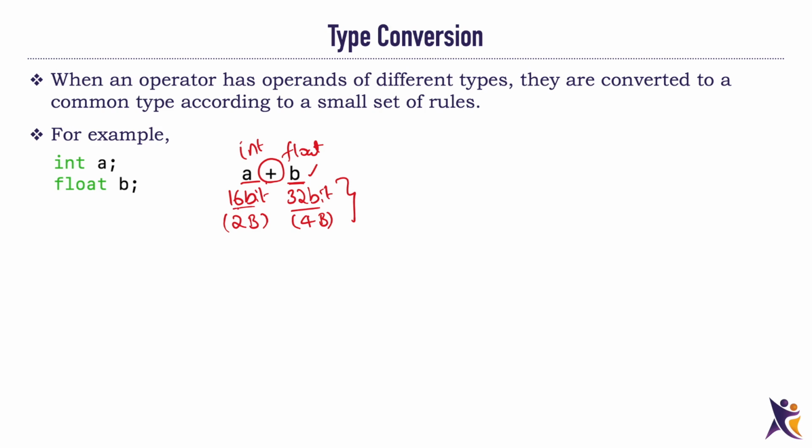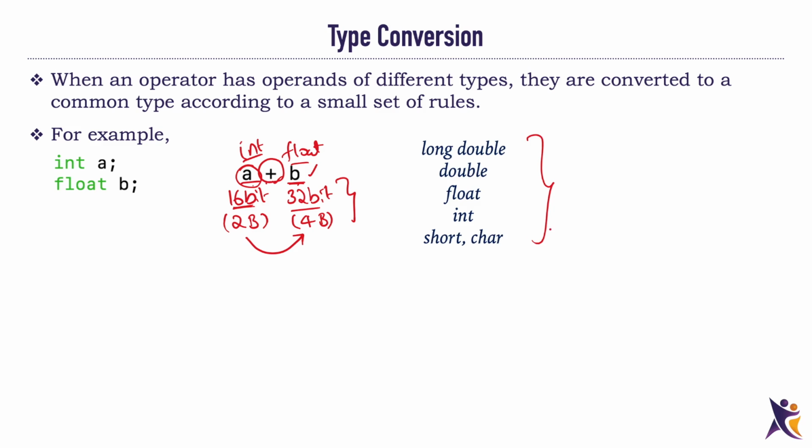In this example, int is taking 16 bits whereas float is taking 32 bits. So the compiler converts integer to float and then performs this addition operation. In this expression, the compiler implicitly converts this integer to float and then adds these two floating point numbers to get a floating point number as a result. So this is how the compiler does this type conversion implicitly.